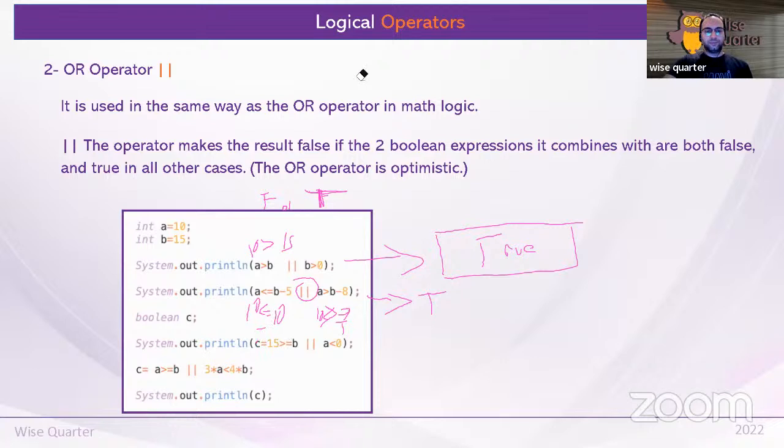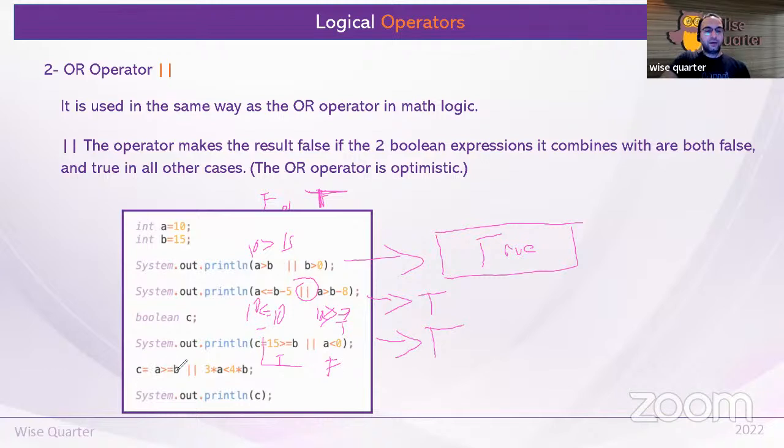What about this one? C equals, equals symbol, we need to calculate the right side of it. 15 is higher than or equal to B. This is true, they are equal. Or A is smaller than 0. It is false. True or false, it means true. As long as both of them are not false, the result will be true. What about this one?